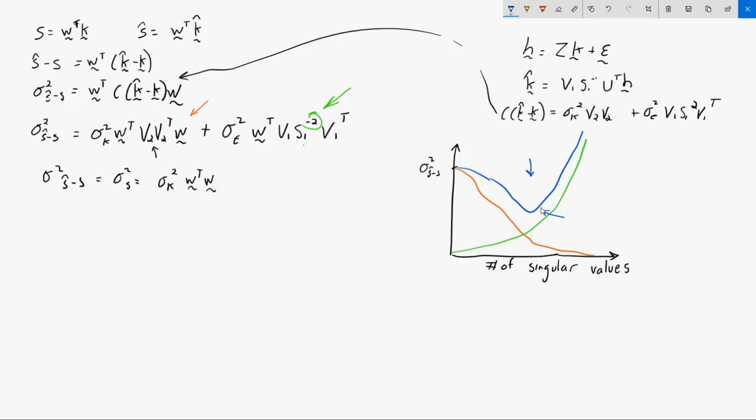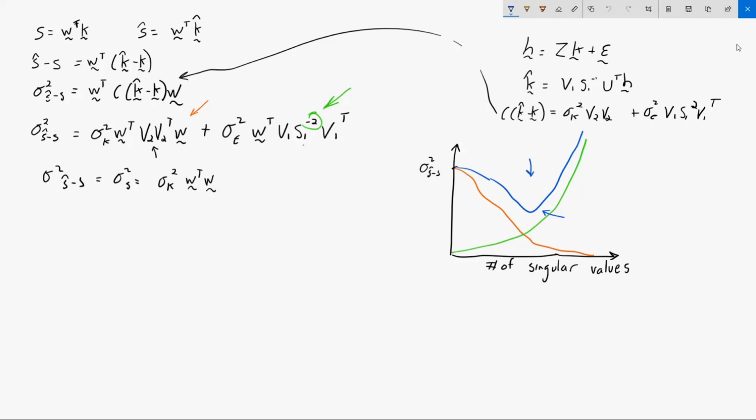At that point, I am overfitting, and my potential for error in any prediction I make has actually started to rise. As stated before, this then is the optimal number of singular values to use when I solve the inverse problem.